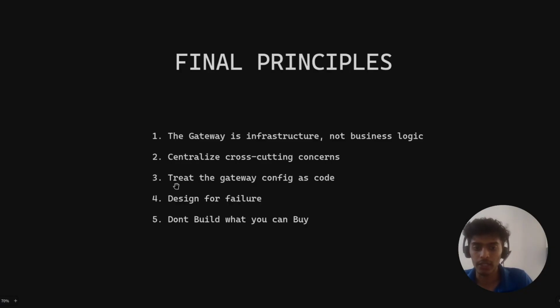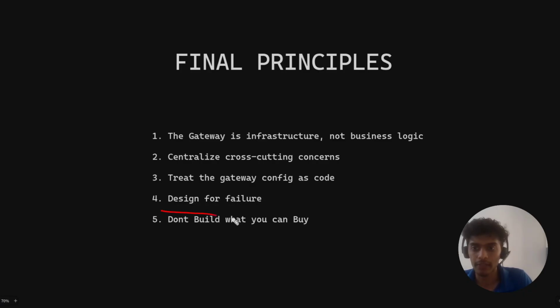And you need to treat the gateway config as code. You need to version it, review it, and test it in staging. A bad config push is as dangerous as a bad code push. And you need to design for failure.